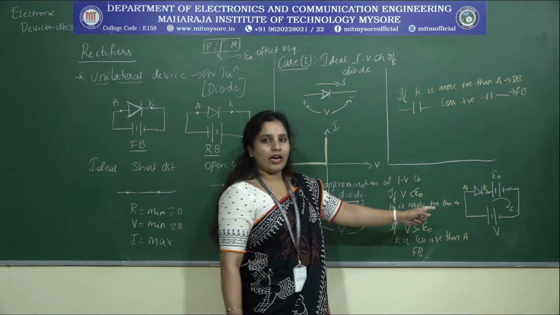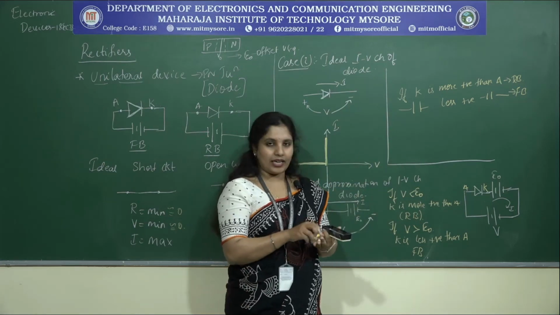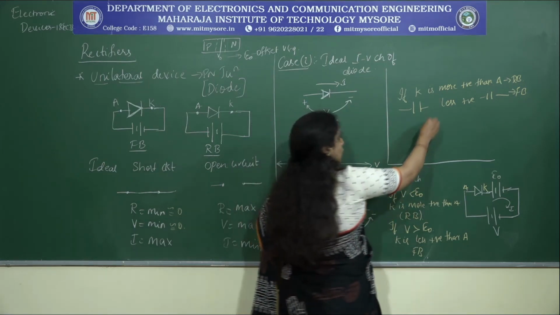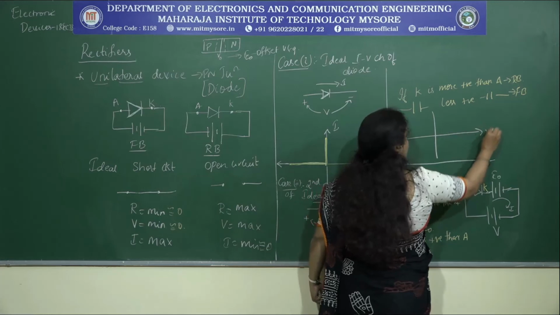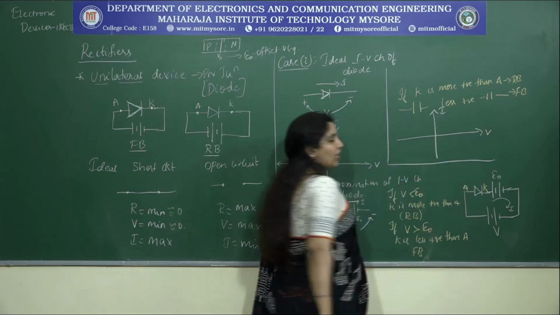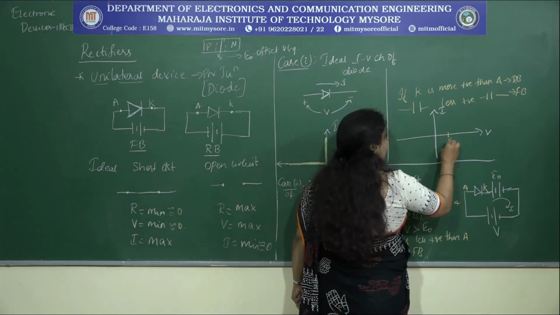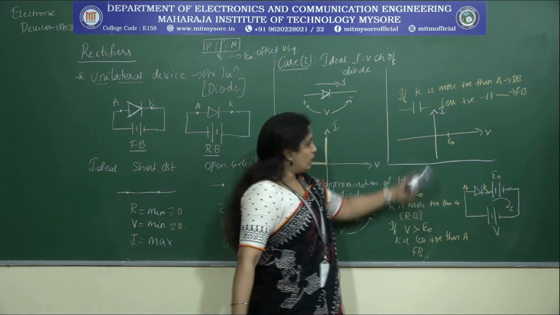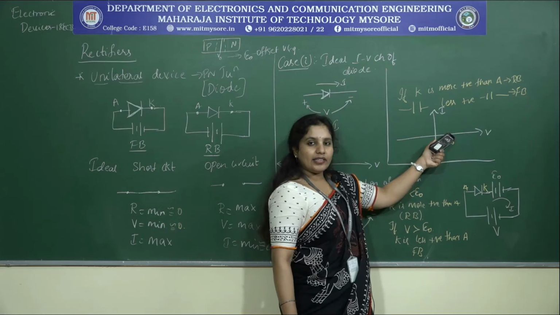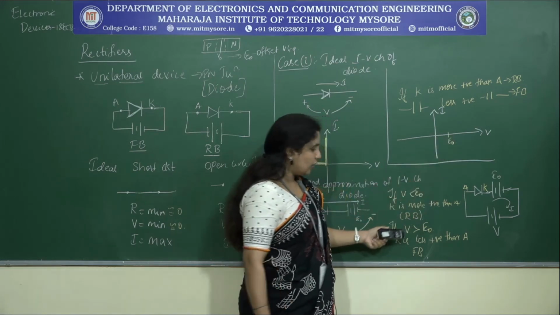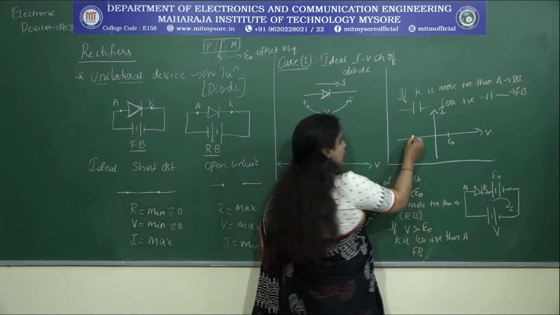Now, keeping this in mind, let's try to represent the IV characteristics. If this is your V axis and this is your I axis, and this point represents E0, when my supply is until E0, will it conduct? No, it will be in the reverse bias.